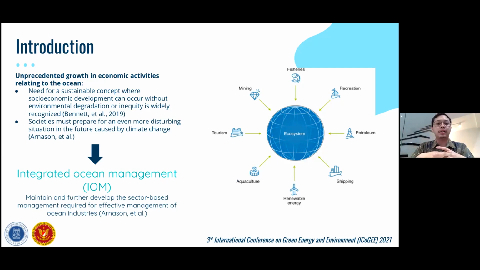And then society must prepare for an even more disturbing situation in the future caused by climate change, where we can have more decrease in fisheries and so on. And also integrated ocean management is needed to maintain and further develop the sector-based management required for effective management of the ocean industries. This is from Anderson et al.